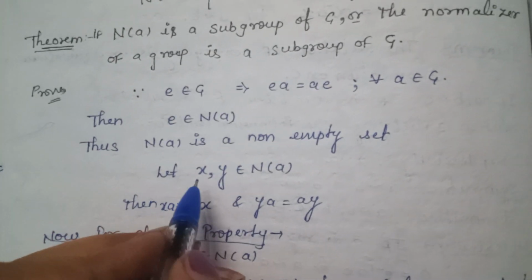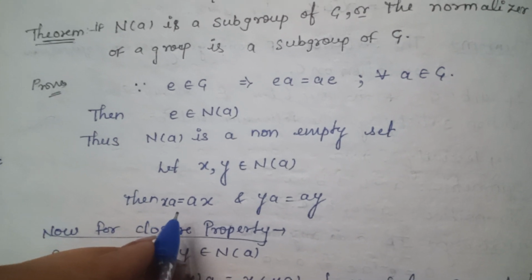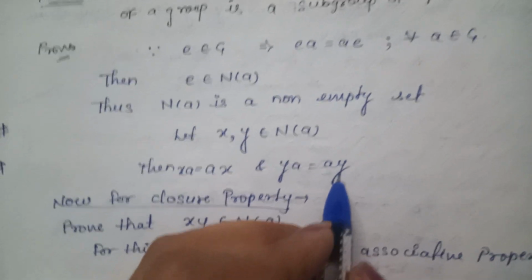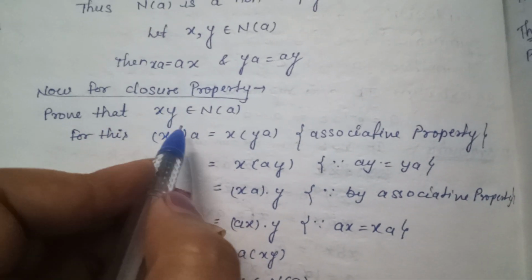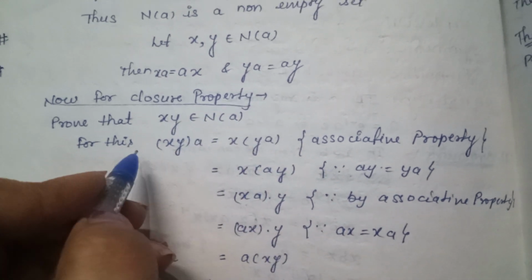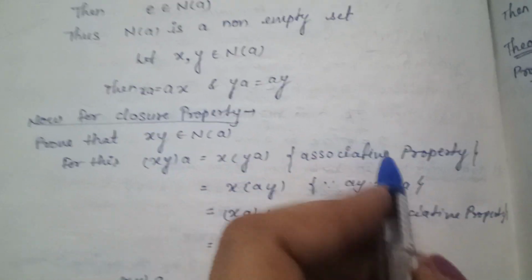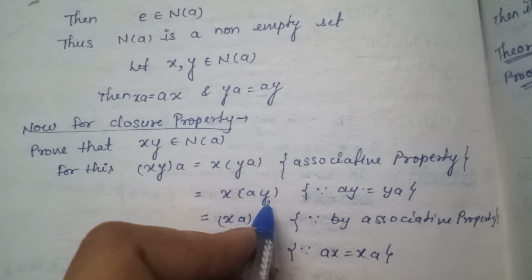Let x, y belong to N(A), then xa is equal to ax and ya is equal to ay. Now for the closure property, we prove that xy belongs to N(A). For this, (xy)a is equal to x(ya) by the associative property, so it is equal to x(ay).